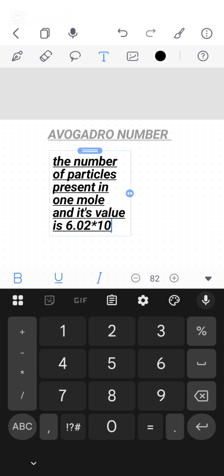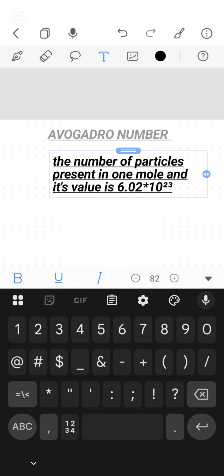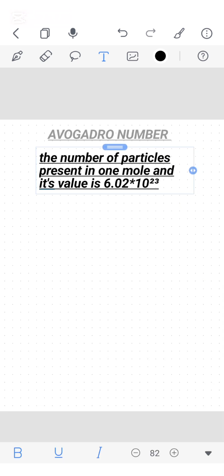I don't know how to write the power in the upward shape, so I'll write power 23 like that. So that is the definition of Avogadro number: the number of particles present in 1 mole.